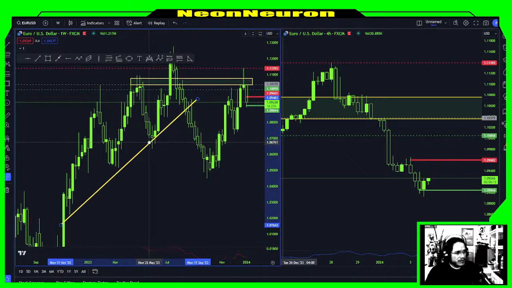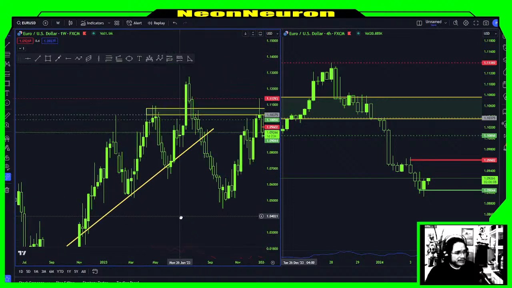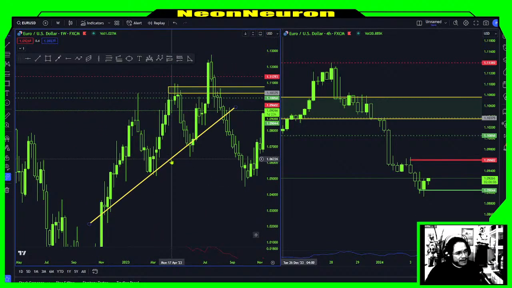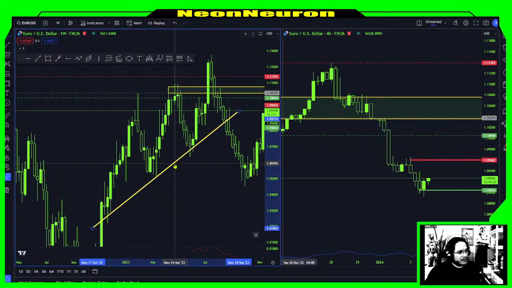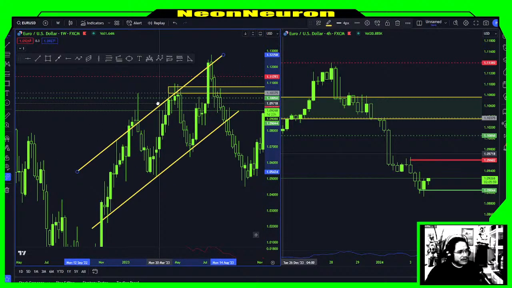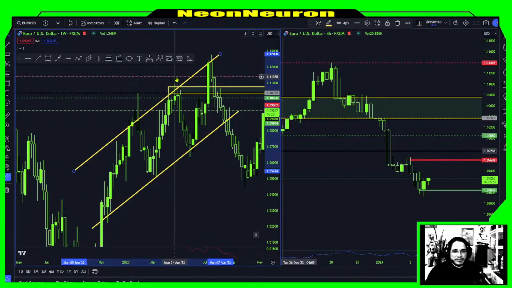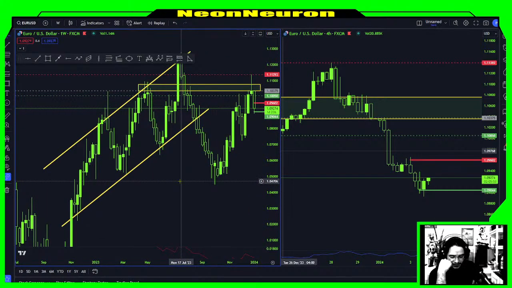So we're in a channel right here. You can see the big channel happening. So we got a channel where it's basically a sideways range. I mean a diagonal range.